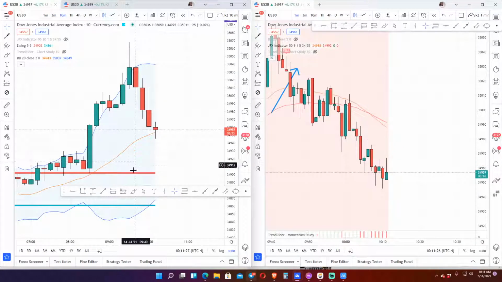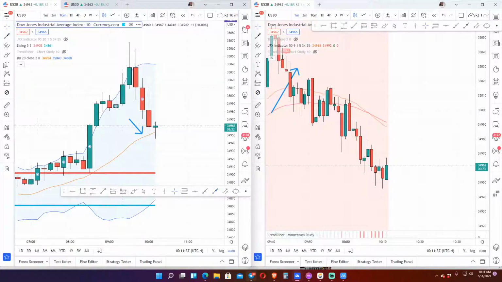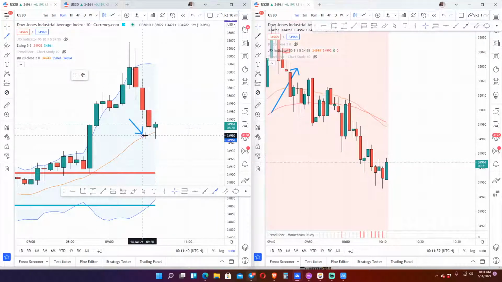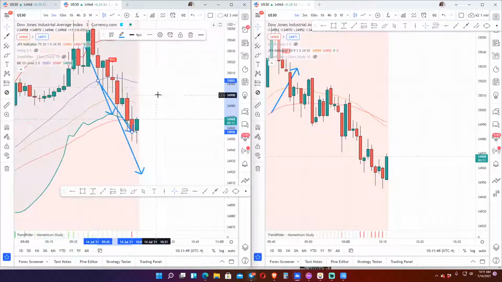On the 10 minute, it looks like it's wicking off this middle band here. It may continue to go up like that, but we still have 10 minutes on this candle right here. So let's check out the 3 minute again.